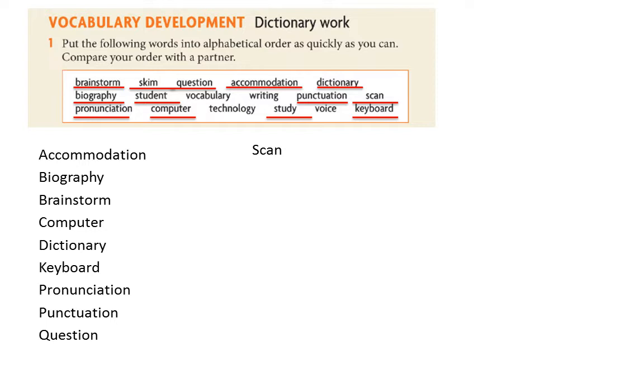Again, in order to sort them, we should check the second letter: K, T, C, and T. Let's go to C and K. C is coming first, so scan is the first one of the words started with S, and is the 10th word among all the words.